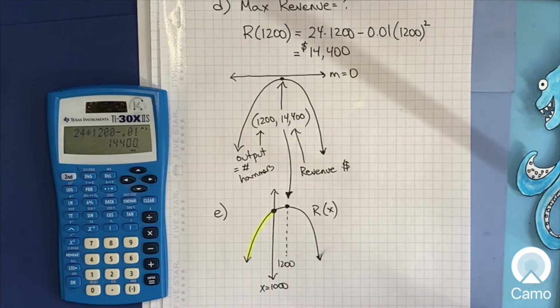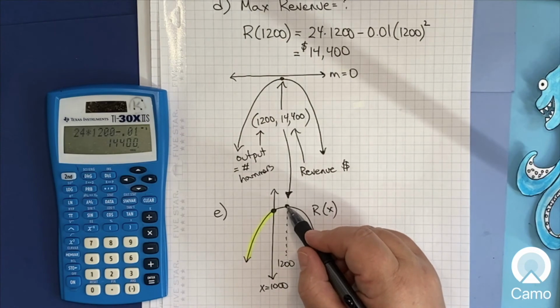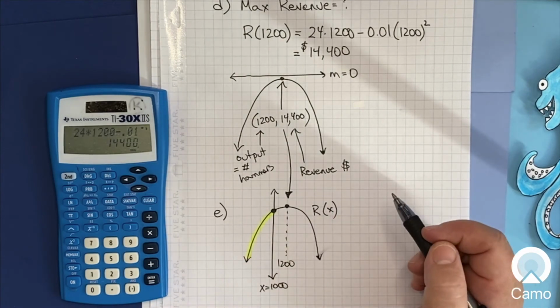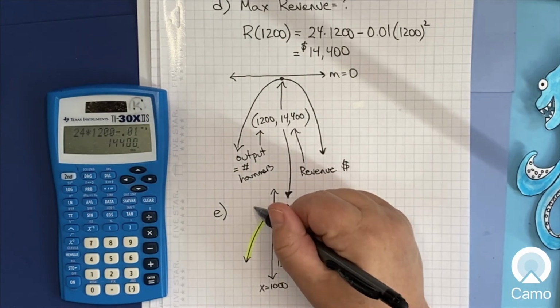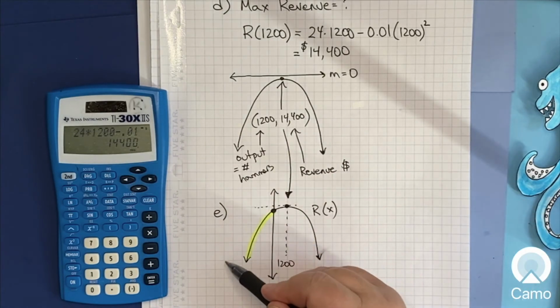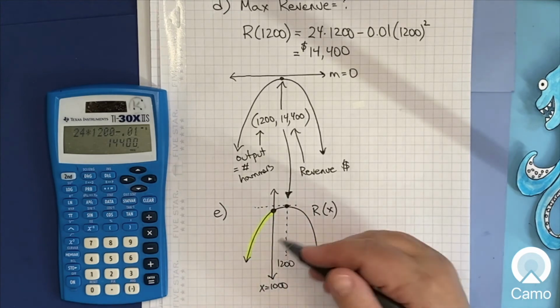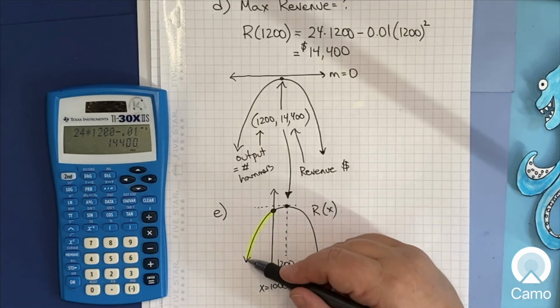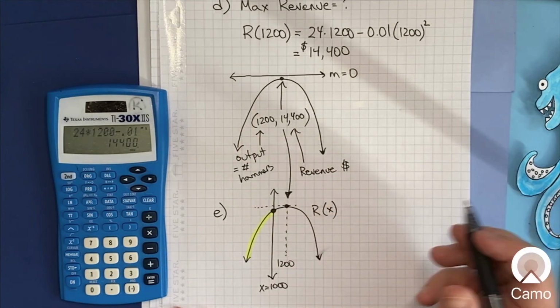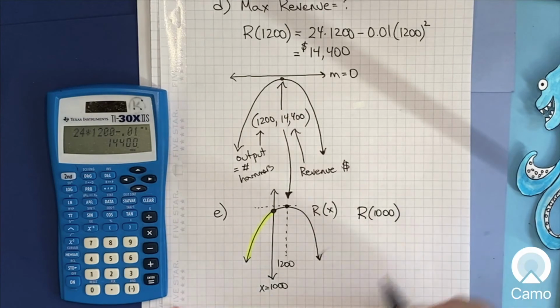Now, how would we know that? Well, we knew that this point was the maximum, it's the vertex. This is the only place where the slope equals 0. So we don't have any other dips or anything. This is either all increasing or all decreasing. And I know from the shape of the parabola, this is going up. So this is the maximum point. I'm going to produce 1,000.